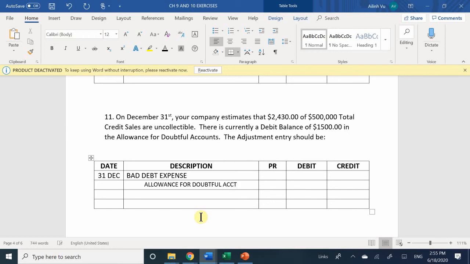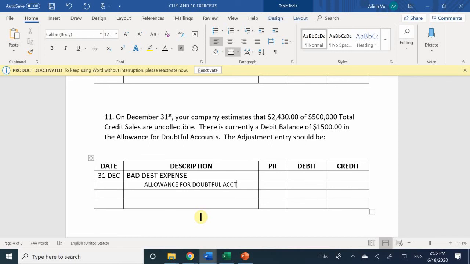Now let's review this again. If we're looking at total credit sales, which statement are we looking at? The income statement. Good. When we look at the income statement, do you ever see accounts receivable?